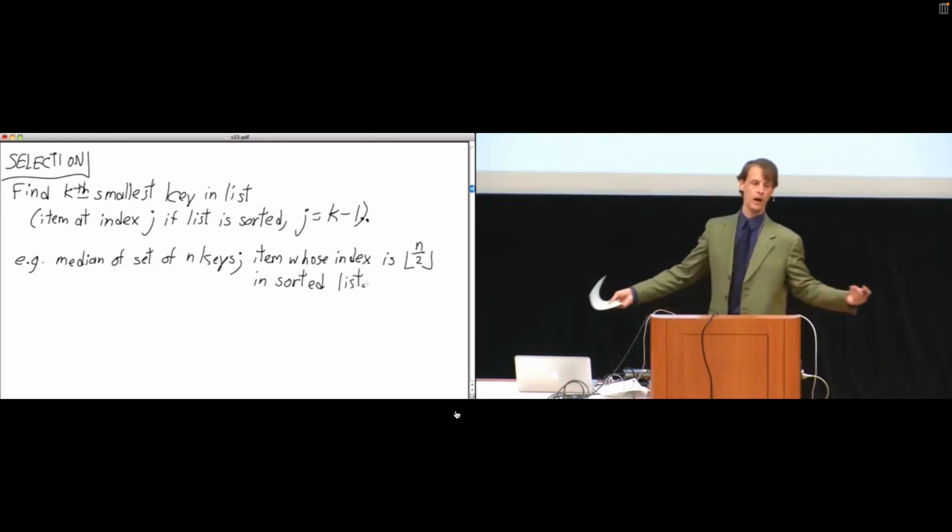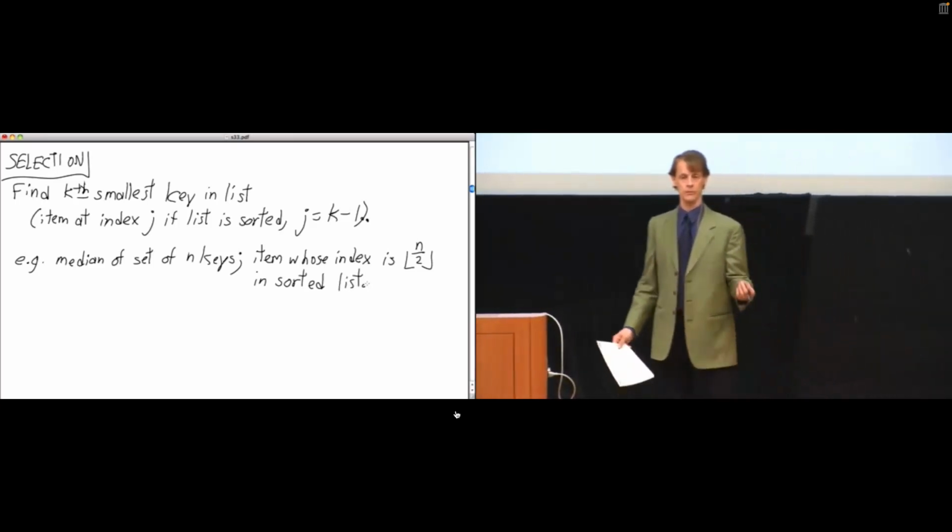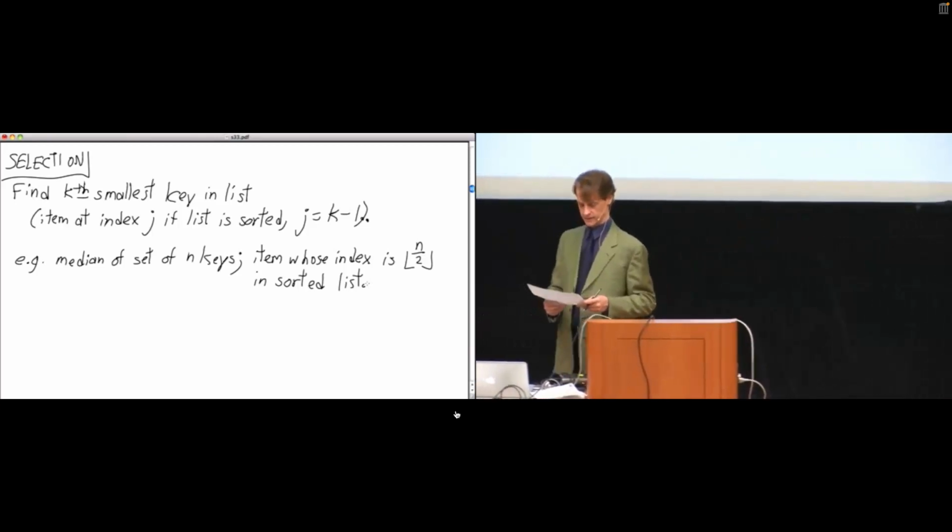This is something that comes up very commonly in statistics. You have a list of statistical data points. You want to compute the median. How do we do it fast?